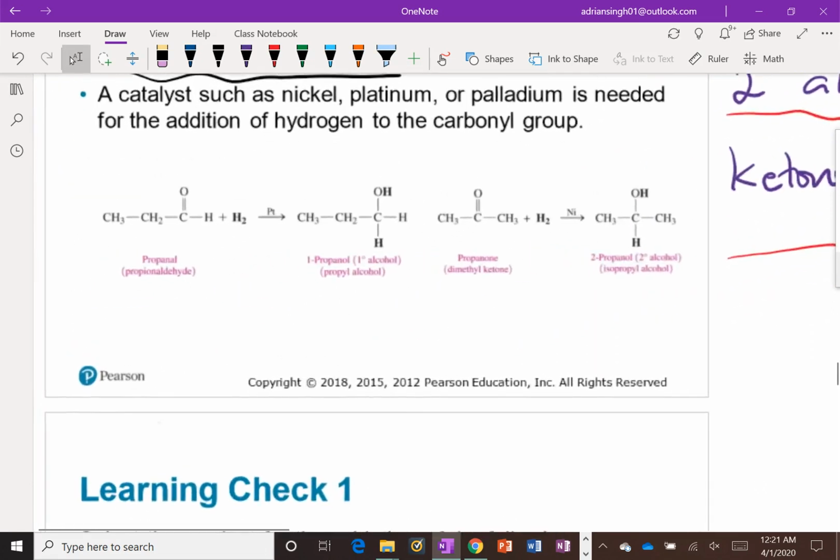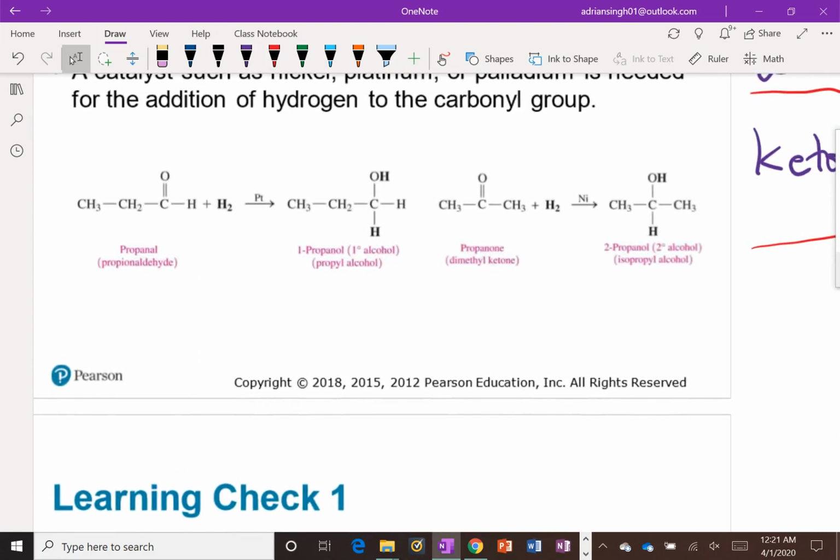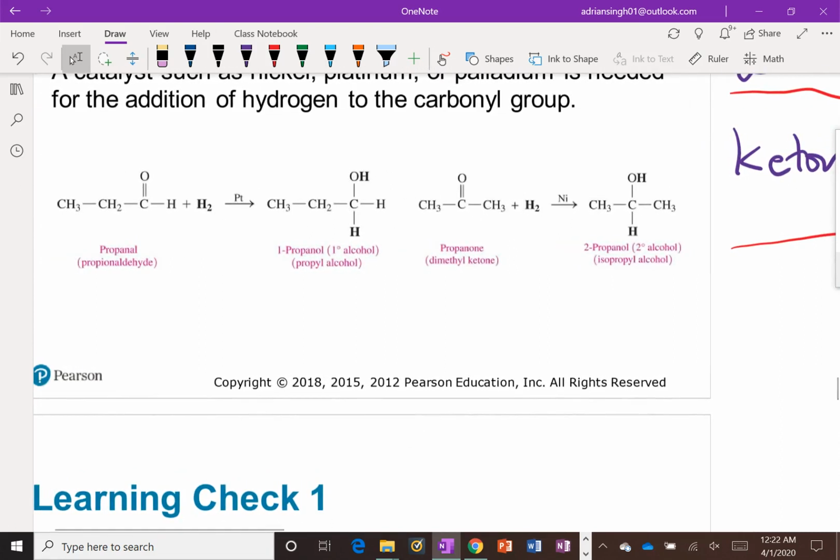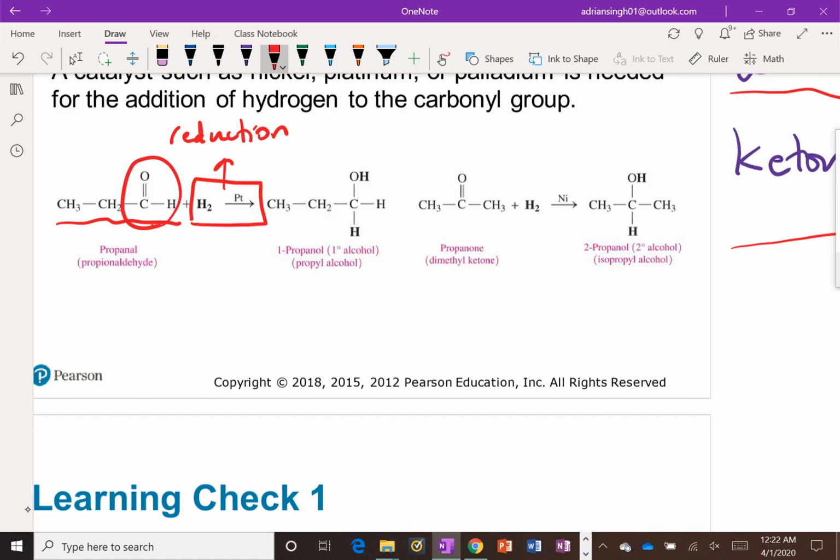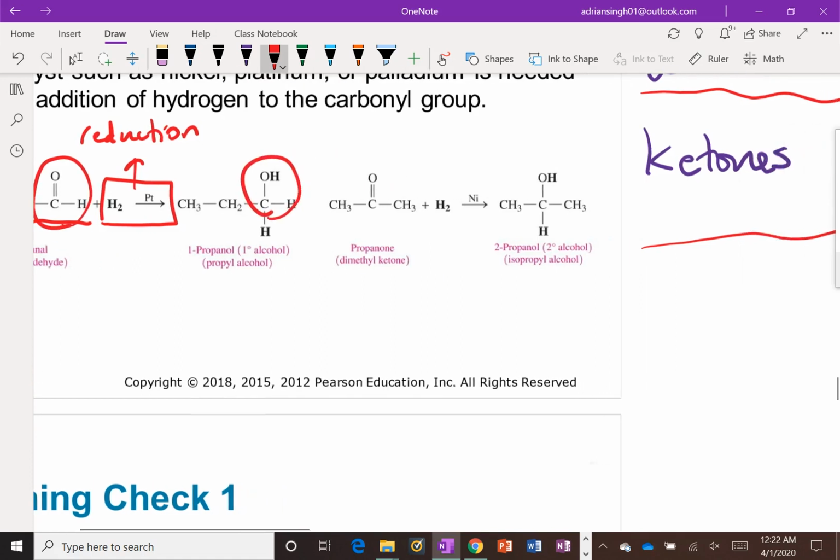Right, so if we take a look here at a couple examples, here we have an aldehyde, which is propanal. We can reduce it, so using hydrogen and platinum catalyst, that tells you that it's reduction. We can reduce it back to the primary alcohol, and we just simply convert the aldehyde functional group back into a primary alcohol.